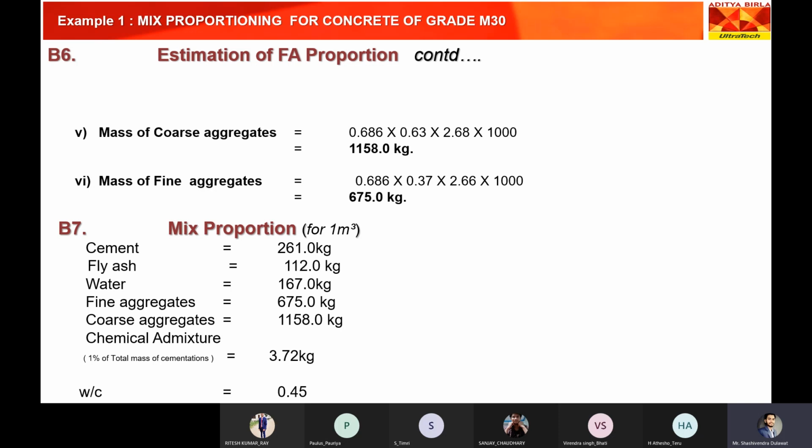The chemical admixture, 1% of the total mass of cementitious material, is equal to 3.72 kg, and the water-cement ratio we already adopted is 0.45.